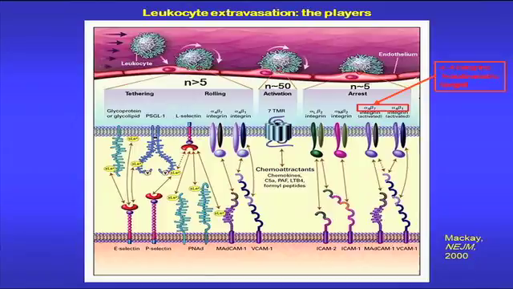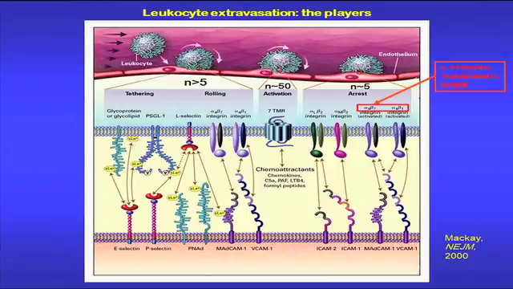So there are dozens of different circumstances by which leukocytes leave the blood and enter a tissue. And the question comes, how do the cells know what to do? And the answer is they use the same general paradigm every time, but they use different molecules depending on the circumstances. So of the selectins, which mediate the rolling, there are a few more than 5. Of the chemokines, which mediate activation, there are about 50.